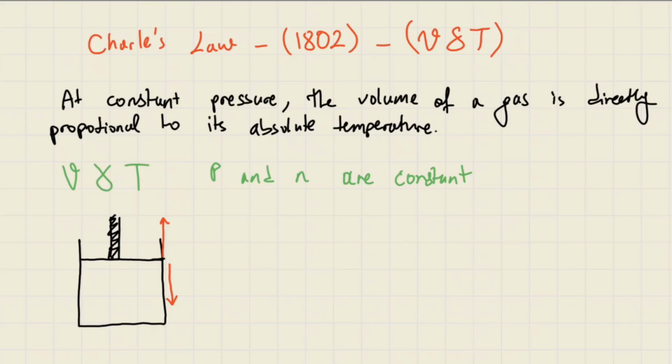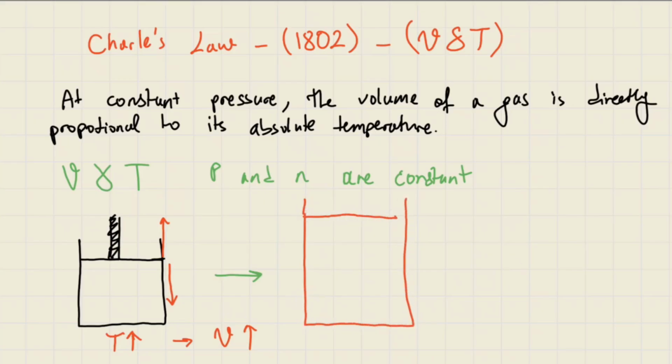If the temperature of the vessel increases, then we expect volume to increase, since they are directly proportional to each other. For instance, if we increase the temperature for our case, and I will make it red, then the new picture should be something like this. Volume should increase.